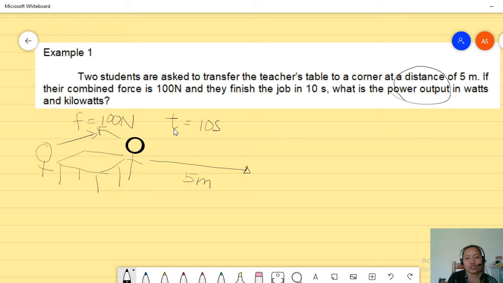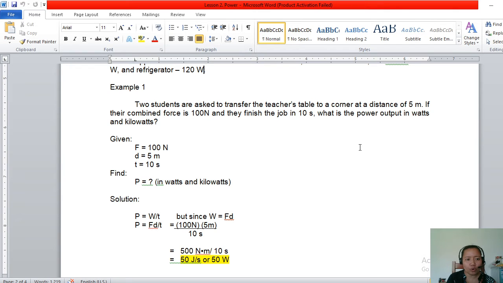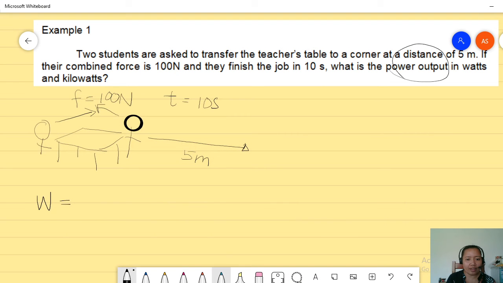All right, so we all know our formula. Can you still remember what our formula is? We have power. What's the power output? So the unknown is P, which is equivalent to work over time.